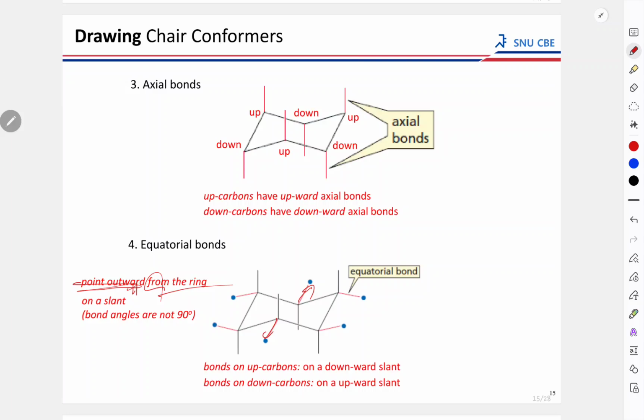And you draw the equatorial bond slightly downward slant, downward slant, downward slant. Okay. For the down carbons, here and there, right? You should draw the equatorial bond slightly upward slant, like this, upward slant.